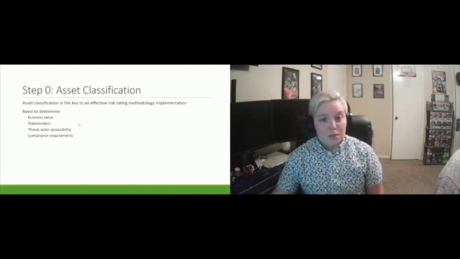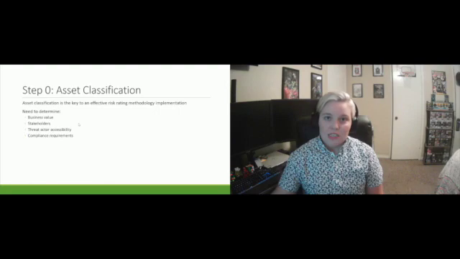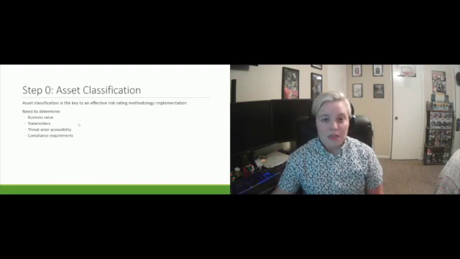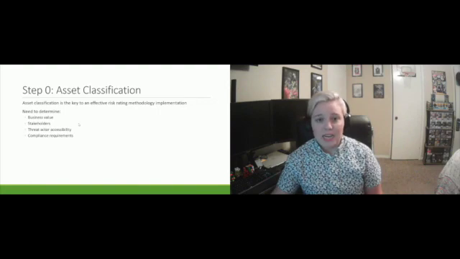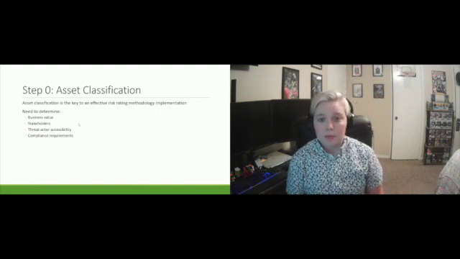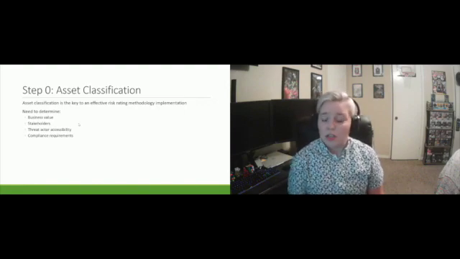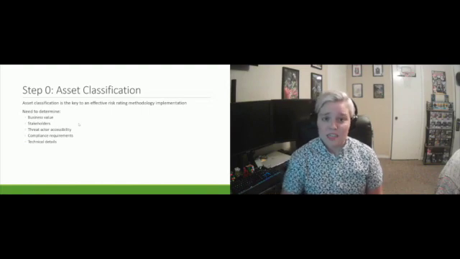You'll want to look at compliance requirements. Do you have any compliance organizations that you have to report to, especially for these particular assets? And would there be any kind of implication to your business if a compromise was to take place or a successful attack was launched? And then finally, the technical details.